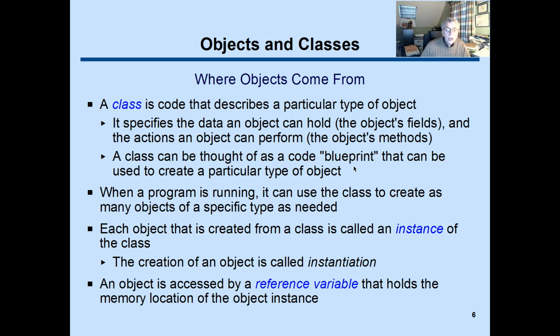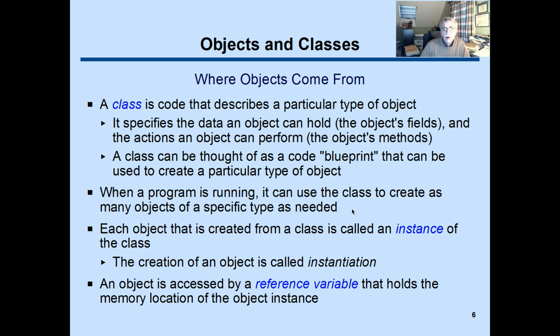It kind of tells the Java virtual machine, the Java runtime environment, how to make one of these things when the need arises. So when a program is running, it uses the class to create as many objects of that particular class or type as would be needed. So in some of the programs that we've worked with in the past, we may have had more than one instance of a scanner object.